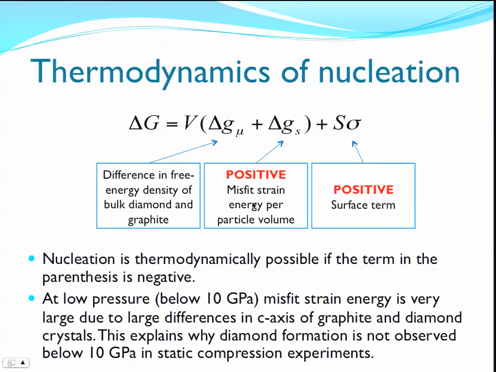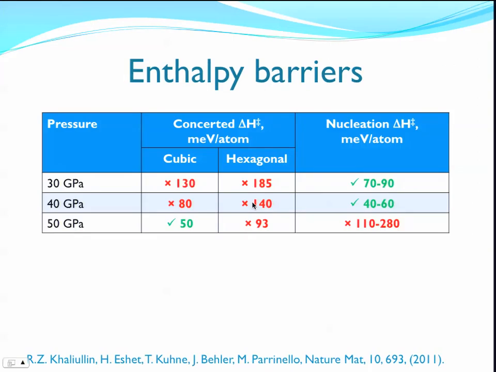Simply, it is because of the really large misfit strain energy, which is due to large differences in crystallographic axis of graphite and diamond crystals. So essentially, by looking at the nucleation process, we can say why diamonds are not formed below 10 gigapascals.